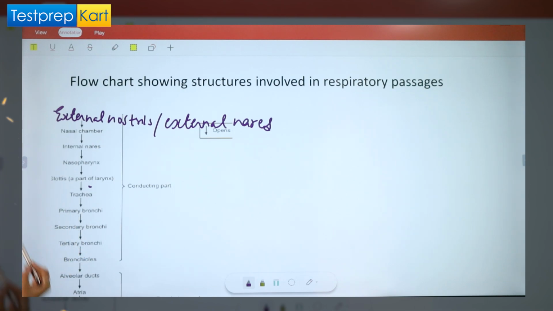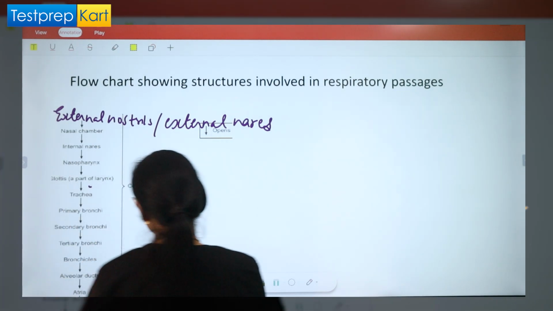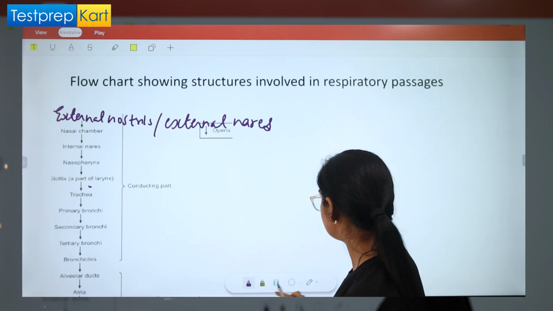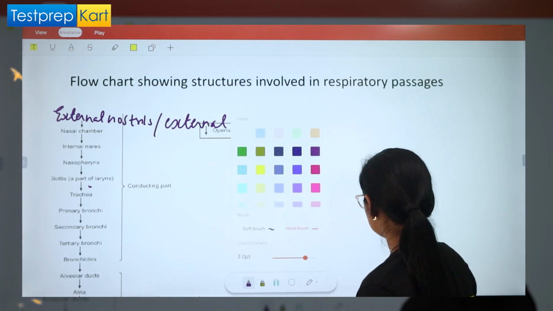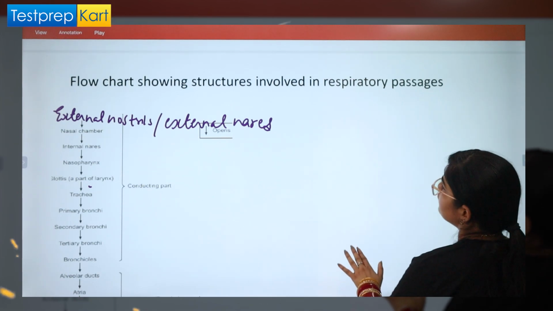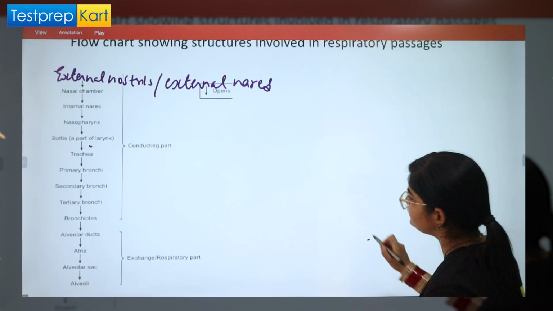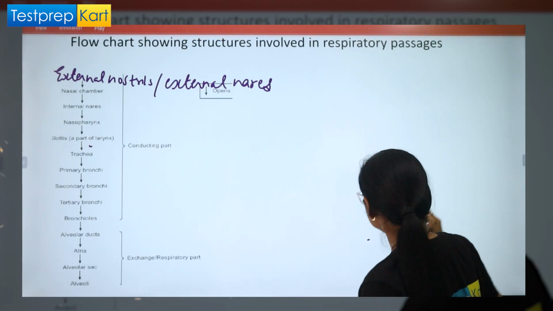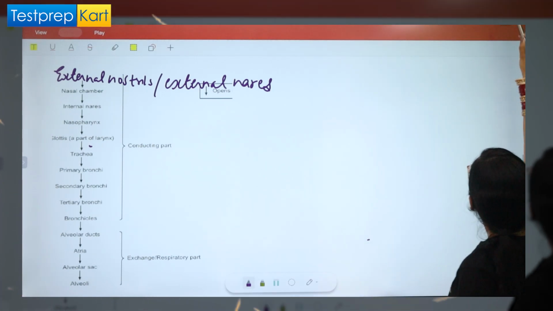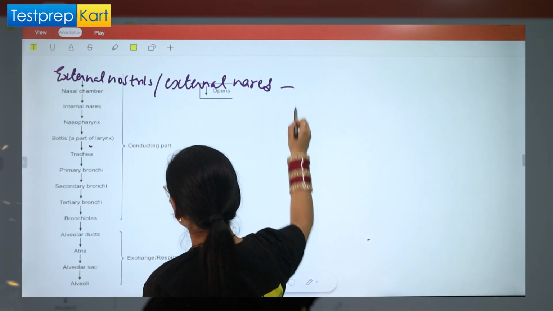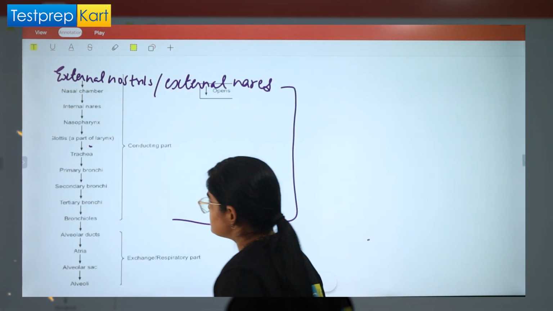From the trachea, the air will enter the primary bronchi, then the secondary bronchi, then the tertiary bronchi, bronchioles, alveolar duct, atria, and the alveoli. So this is the complete respiratory passage from the external nostrils till the bronchioles, right?